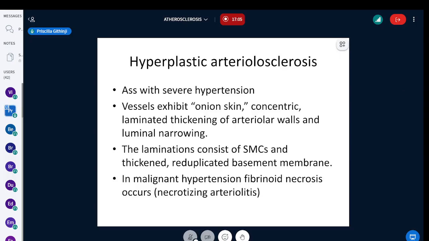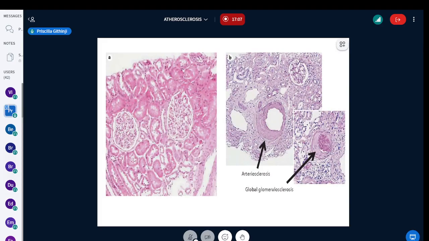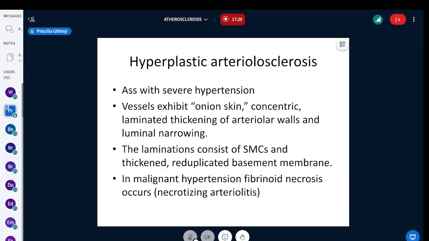Hyaline is caused by benign hypertension, which the normal population with hypertension usually have. This disease is just chronic. As long as you're on medication, you're okay. But there are times when this can be severe, and when that happens, you form hyperplastic arteriolosclerosis.